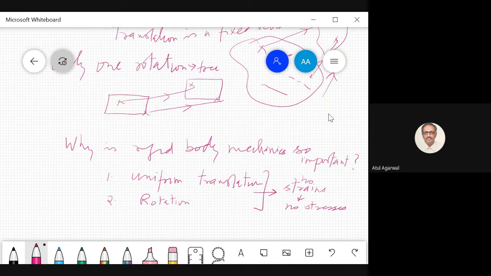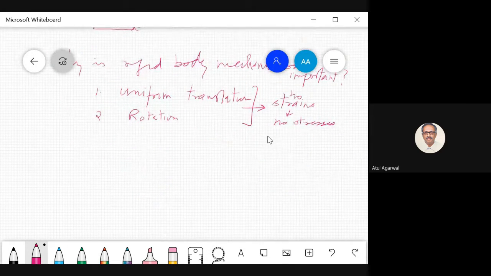So why are stresses and strains connected to, why do you not have any strains and stresses in a rigid body motion? Anybody? So rigid motion, no strains and stresses.